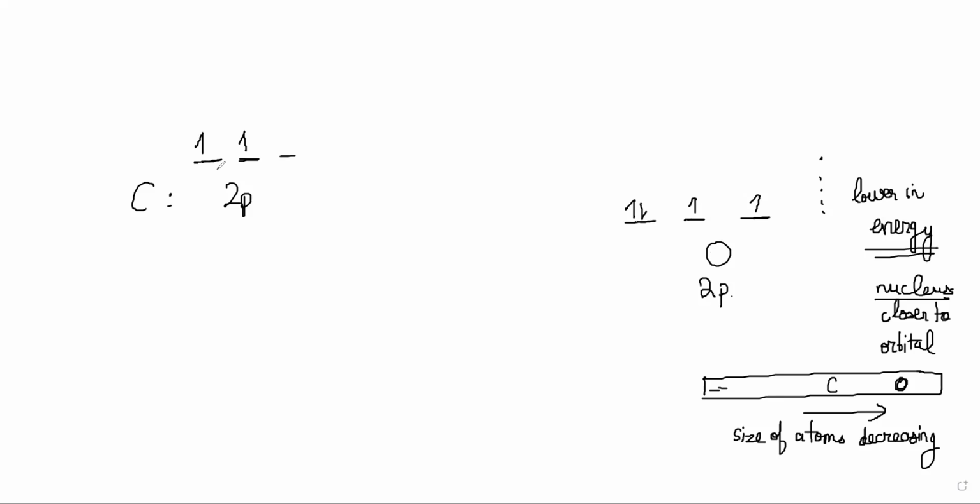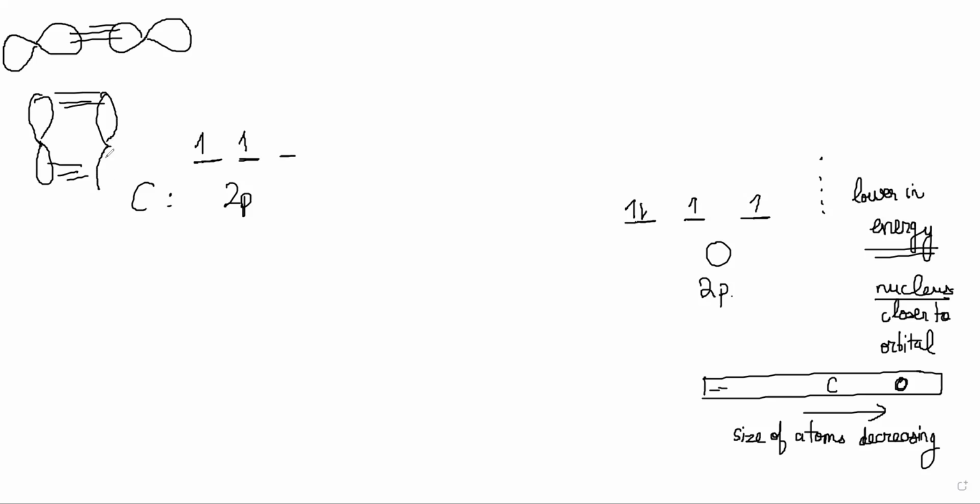Now these two p's can form pp sigma bonds or pp pi bonds, right? The p orbitals are like this, and they can do a head-on overlap or a side-on overlap. These are the two types of bonds that can form.